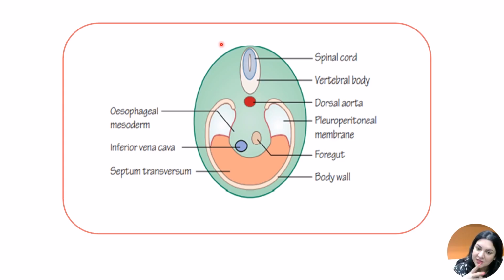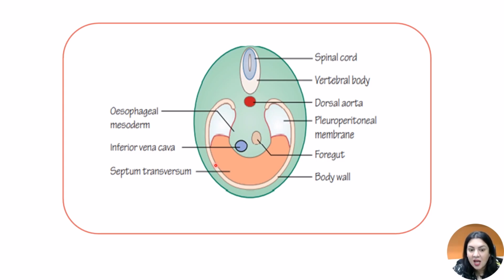So as development progresses, because again, now it's flat and all the things within it are tubes, the body is going to undergo folding, right? We spoke about the folding of the body, the bending of the body. As that progresses, the diaphragm, even though it starts to develop in the region of the cervical vertebrae, is eventually going to shift downward to its ultimate location, which aligns more with the region of the thoracic vertebrae.